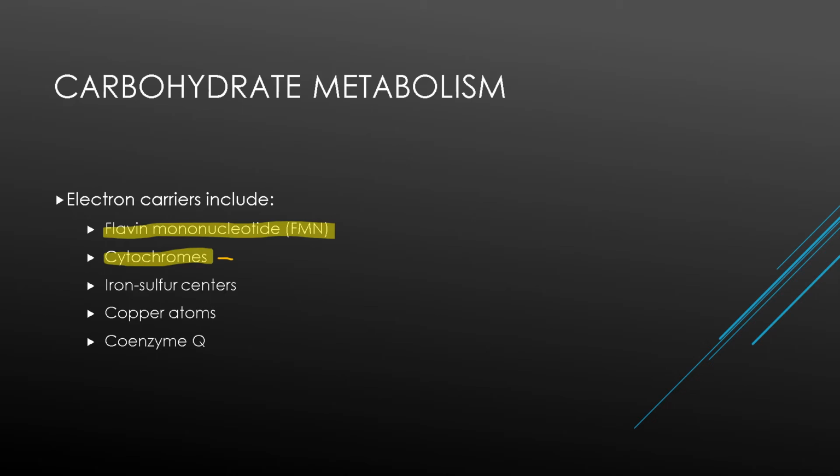So these are going to be proteins with a heme. Remember, hemes are going to be iron-containing groups. There's also iron-sulfur centers, and they will contain either 2 or 4 iron atoms.